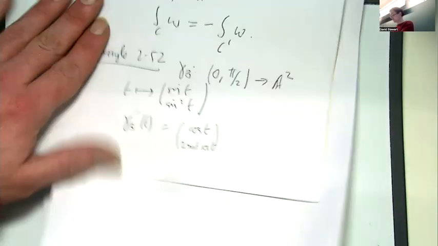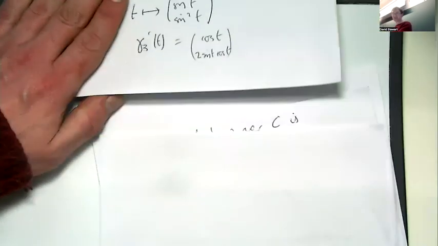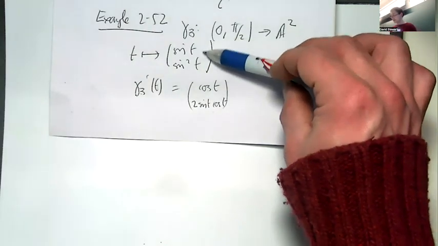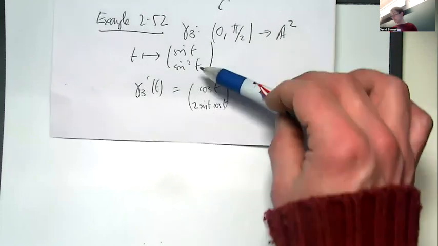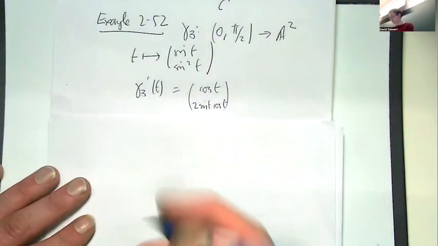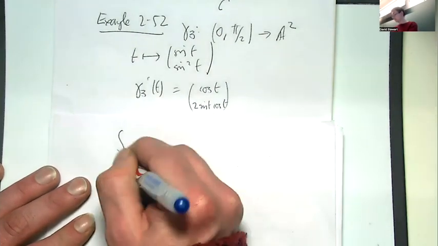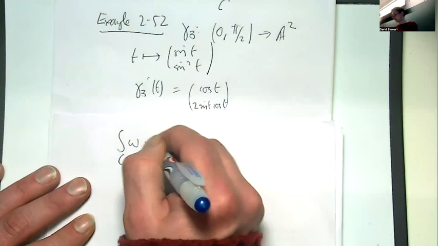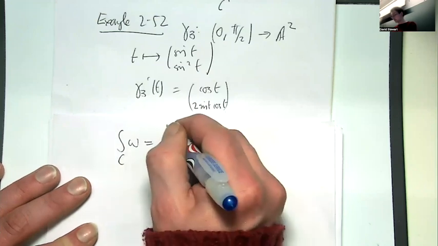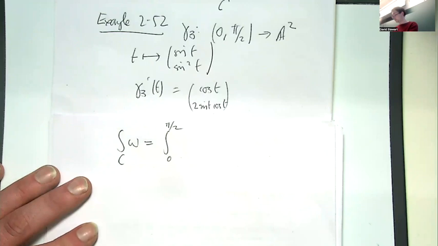Now to get the integral around the curve, I just have to plug in the values of gamma of t to get my one form, and then apply it to my velocity vector. So the integral around the curve is now equal to the integral from 0 to pi over 2.